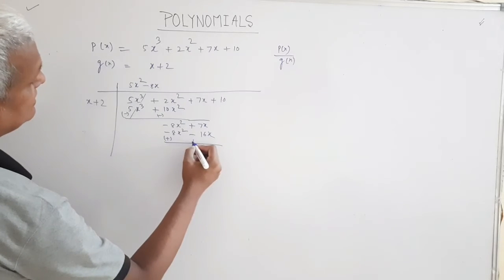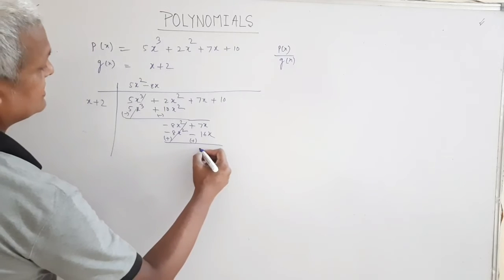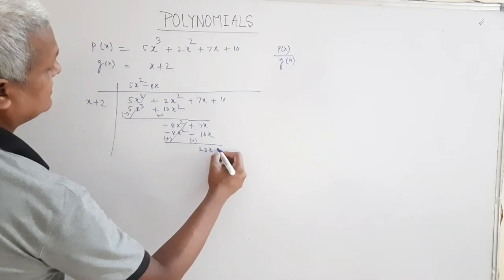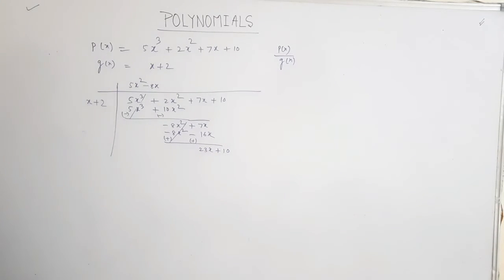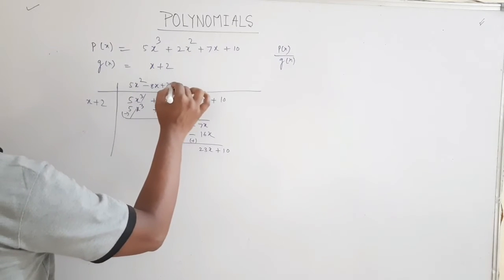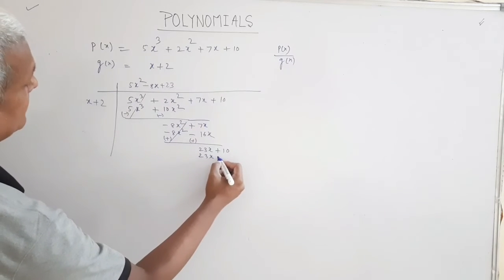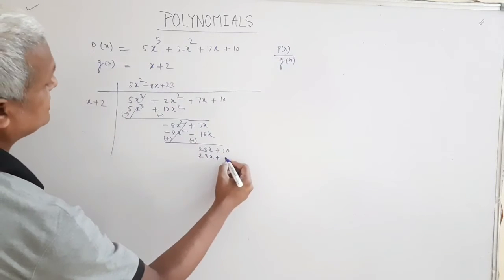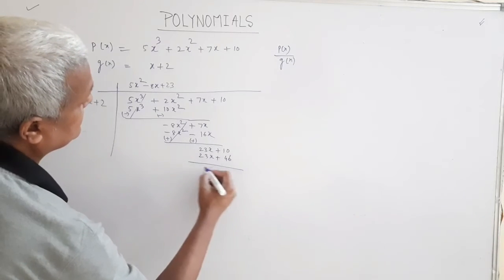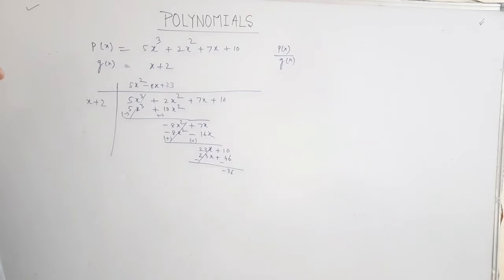So plus here, cancel. 16 plus 7, now this is 23x plus 10. So here we have to get 23. So write 23. 23 into x is 23x plus 23 into 2 is 46. And now you cancel. So you get your answer as minus 36.